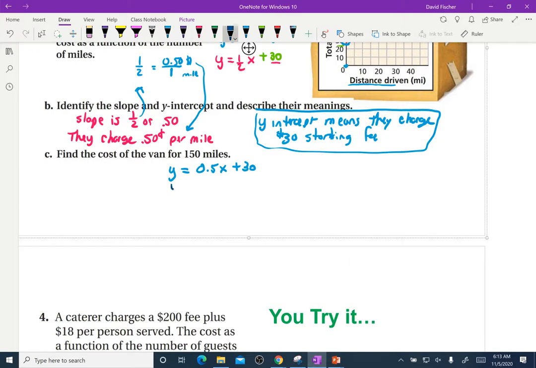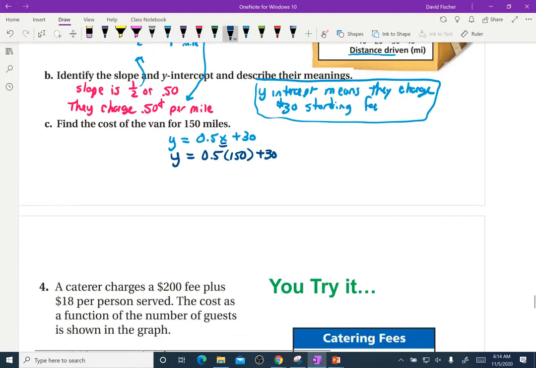So we just plug that number into our equation. 0.5, this is my miles. And they said, now we're going to go 150 miles plus 30. All right, so let's do 150 times 0.5. Half of 150 would be 75? So then 75 plus 30.